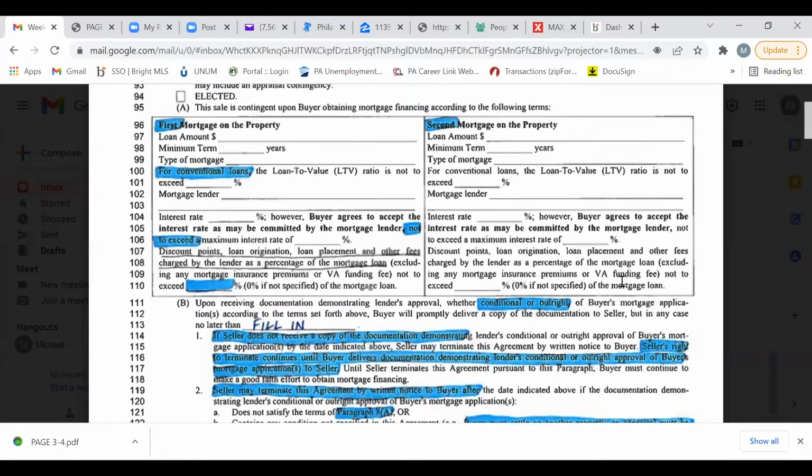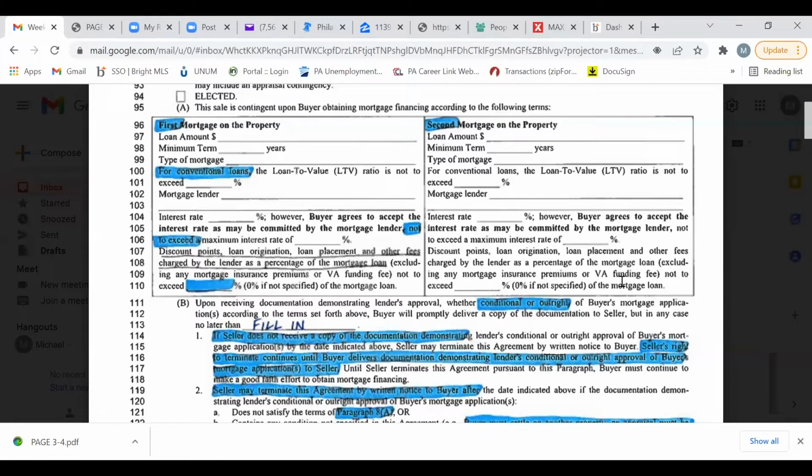This is not mortgage commitment it's talking about. It's talking about documentation demonstrating lender's approval, whether conditional or outright, of buyer's mortgage application according to the terms set forth above in those boxes. Buyer will promptly deliver a copy of the documentation to seller, but in any case, no later than blank date. Okay. So what do we always fill in there as a buyer agent? Like a week before settlement or 2 weeks before, right? Is that what we always do?